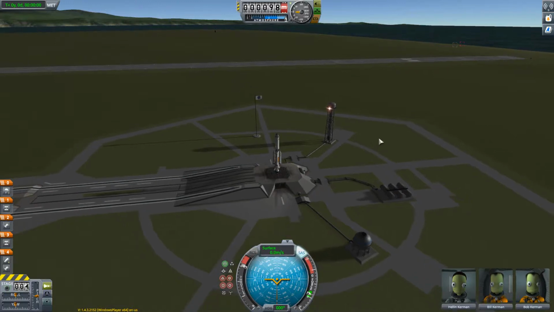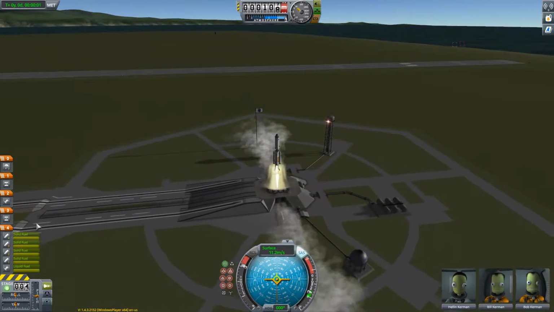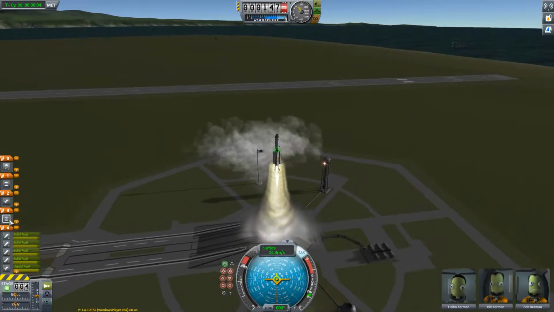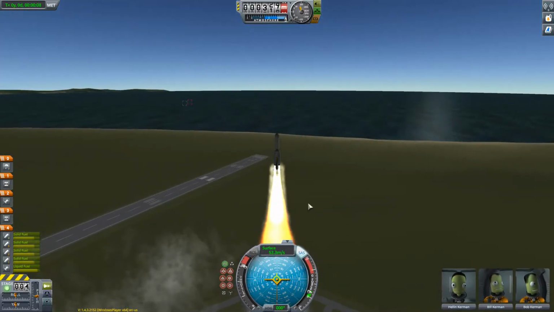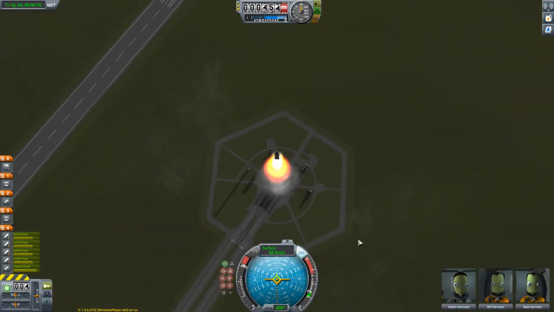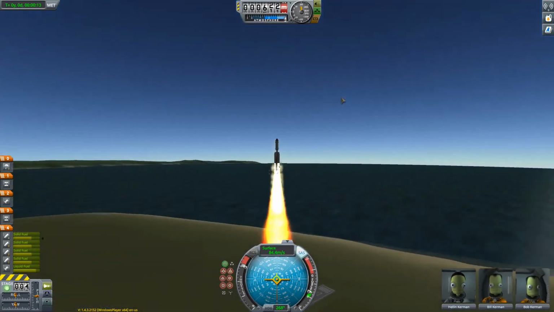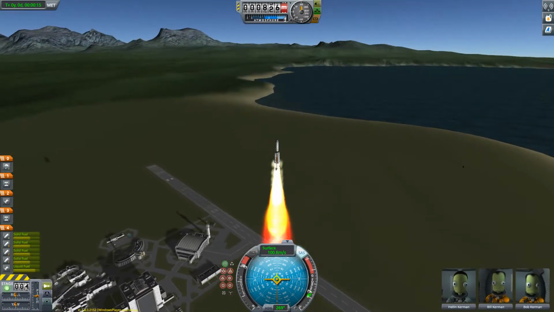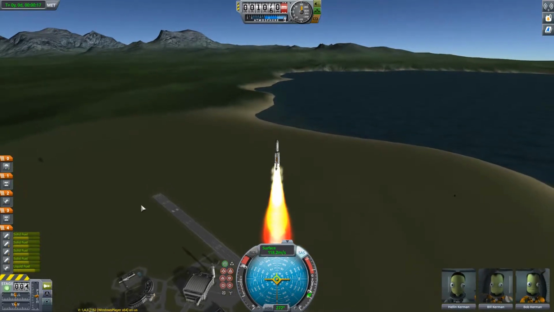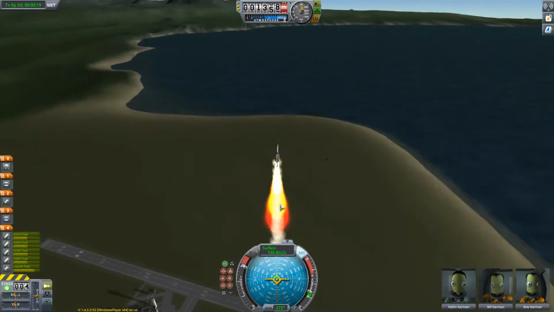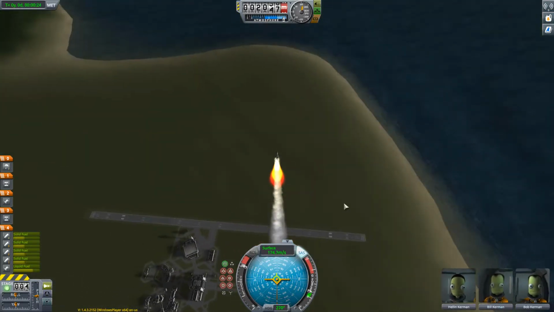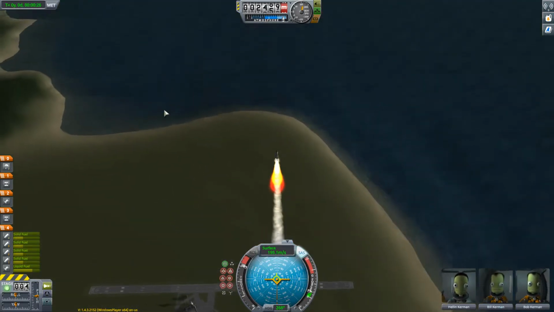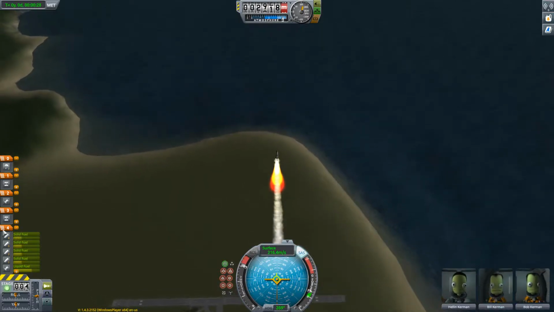So once you've done that, and you have a similar ship to this with the decouplers in separate stages, we're going to press space, like I did prematurely and accidentally, but that shouldn't matter. The liquid fuel on this is going to last longer than the solid fuel boosters, which is how it should work, how it generally does work. The solid fuel boosters I'm not going to detach.